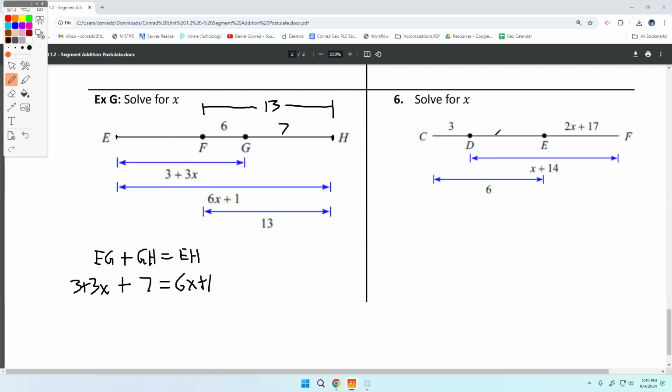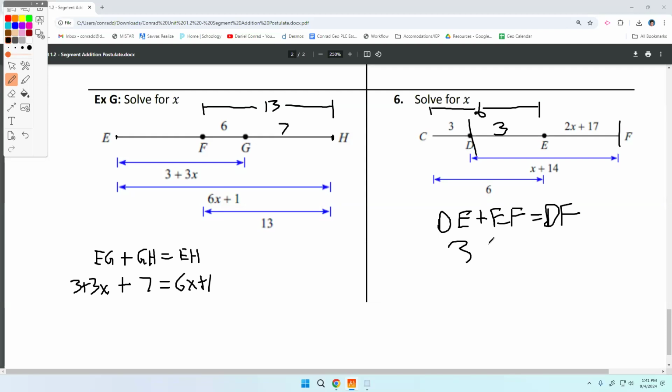Okay, this one over here. Again, you should know this piece, right? If this distance is 6, this distance here from D to E has to be 3. 3 plus 3 is 6. Okay, so then to come up with an equation, I could just use this piece right here. I could say DE plus EF equals DF.